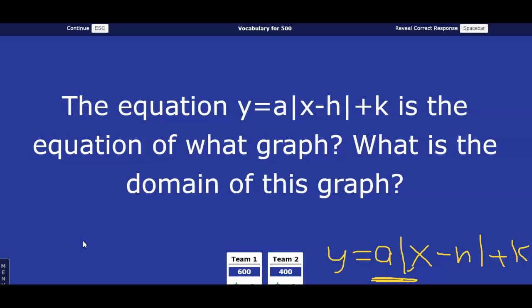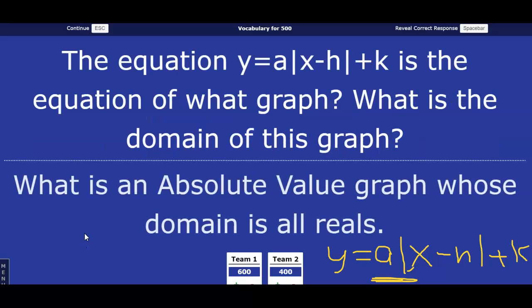And what is the domain? So I need to know what type of graph this is and its domain. Excellent. It is an absolute value graph whose domain is all reals.